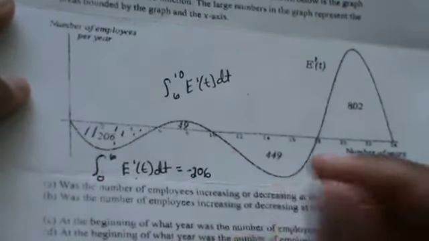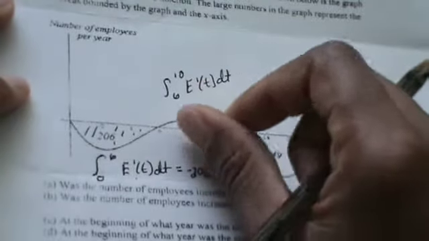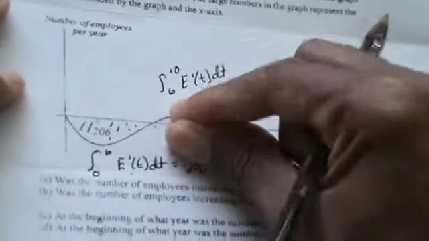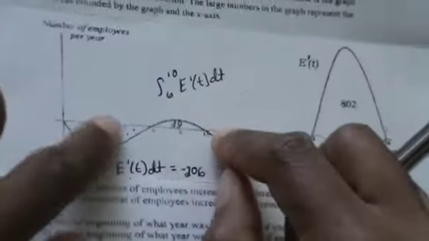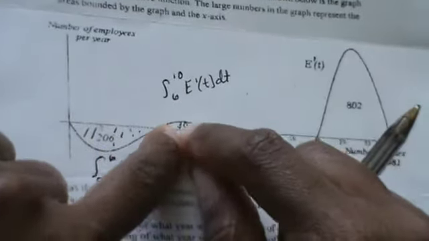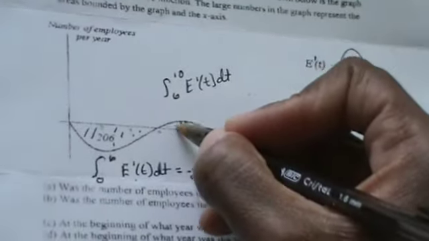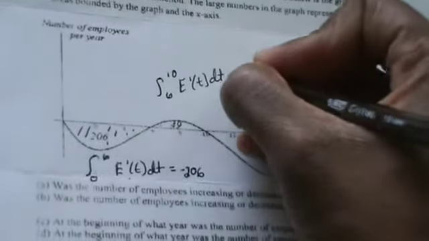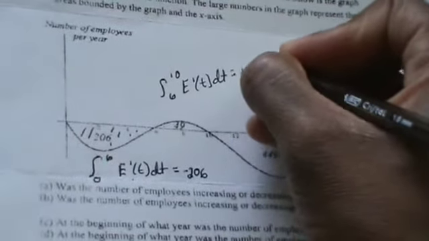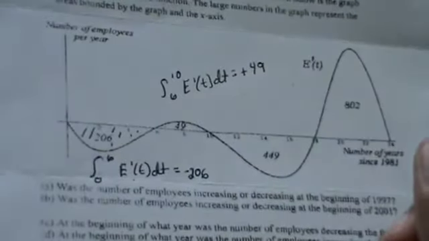This region is trapped between E prime and the x-axis. There's the pinch, but it has to start at 6 and end at 10. So that's how I knew that this is the region that I'm talking about. This equals positive 49, right?